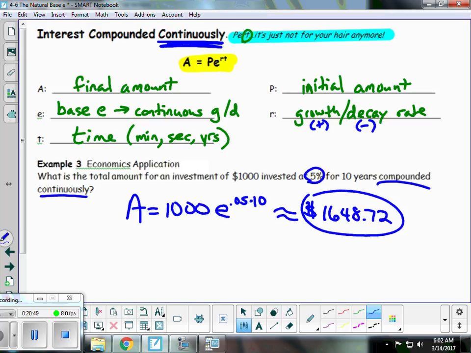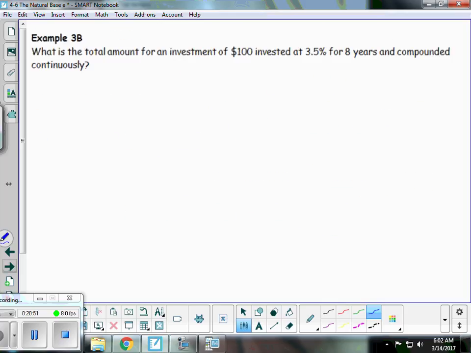All right, let's take a look at another one. What is the total amount for an investment of $100 invested at 3.5% for 8 years and compounded continuously? So same kind of idea, just different numbers. So 100 is our initial amount, e because it's continuous, 3.5% is 0.035 times 8.